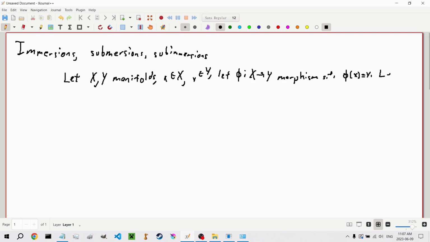We're going to let m be the k-dimension of X and n be the k-dimension of Y, as elements. And definition.